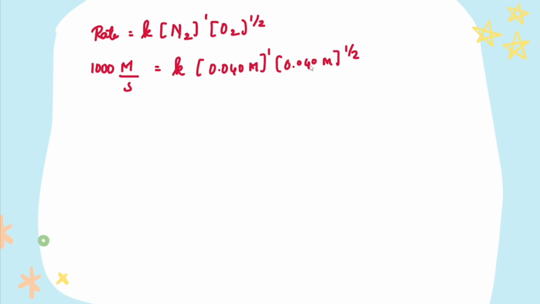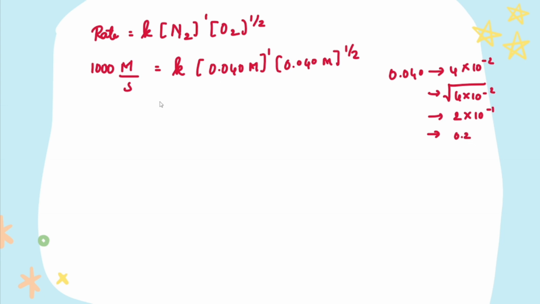As we have known, children, the root of 4, just consider this thing. The root of this thing, how can we change this? 0.040 can be written as 4 into 10 to the power of minus 2. So the root of 4 into 10 to the power of minus 2 will be 2 into 10 to the power of minus 1, that is 0.1, right?